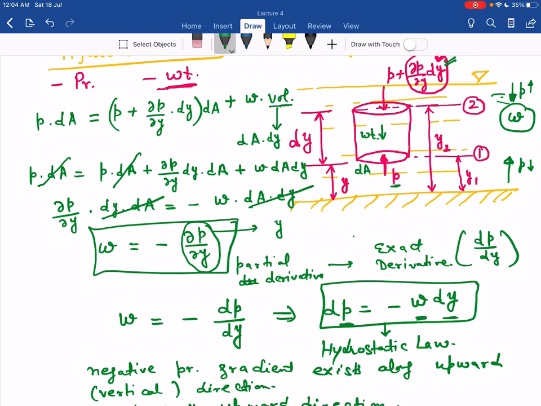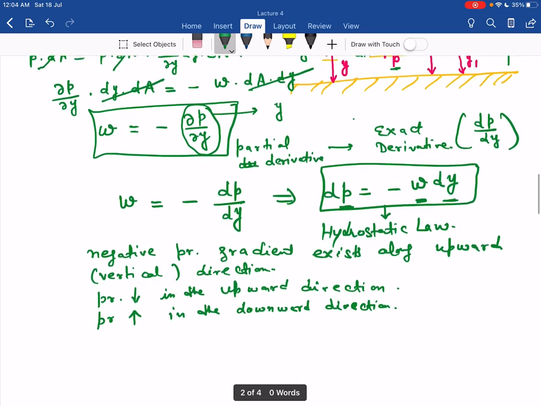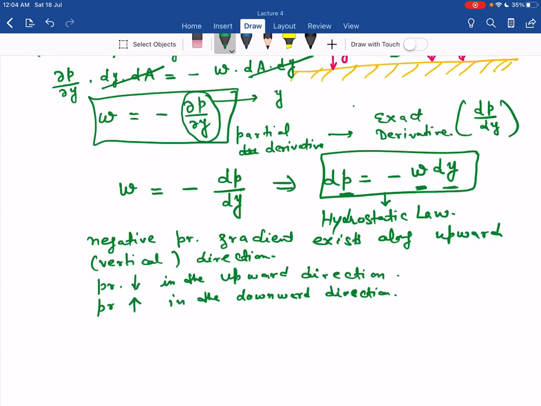Okay. Now further, if this dy is 0, the meaning of that is our fluid element is like a surface. So over there, from this equation, you can say dP is equal to 0.